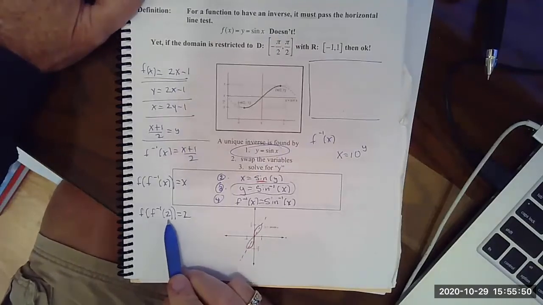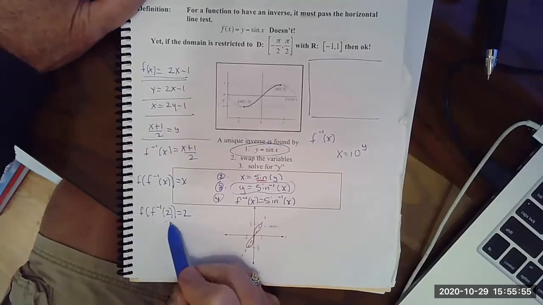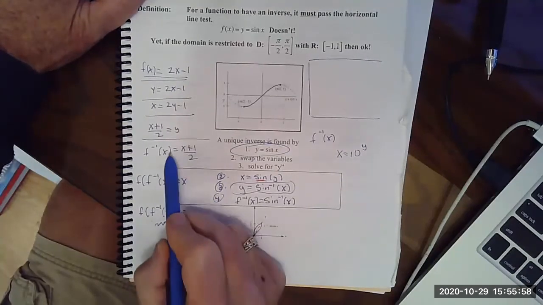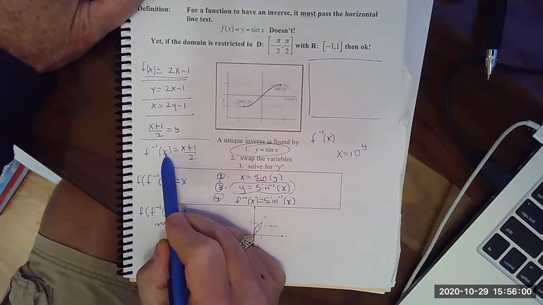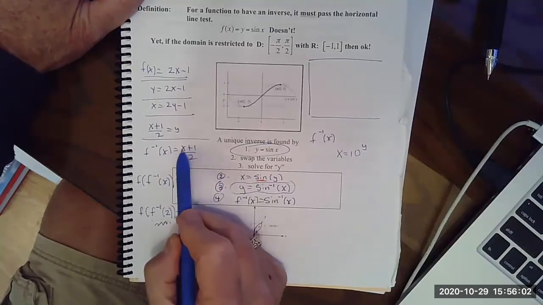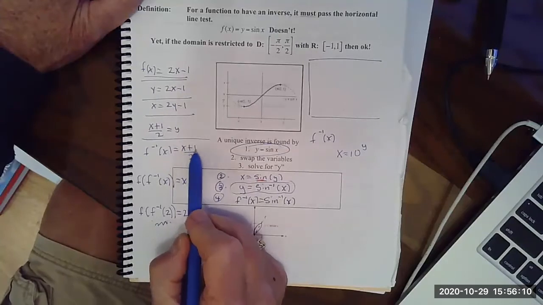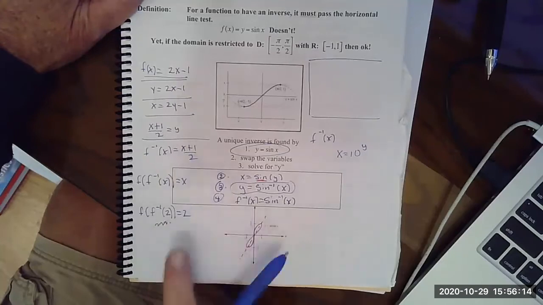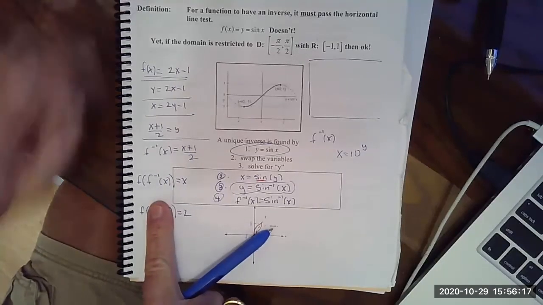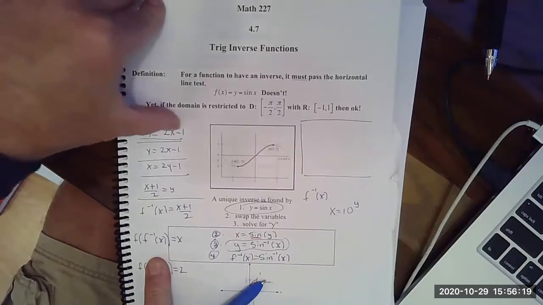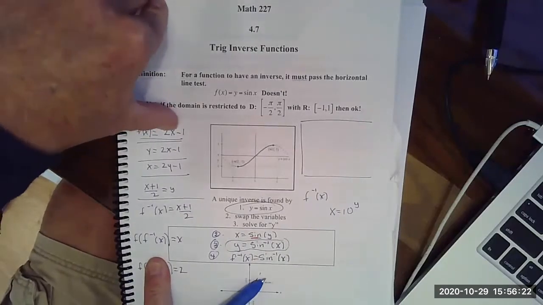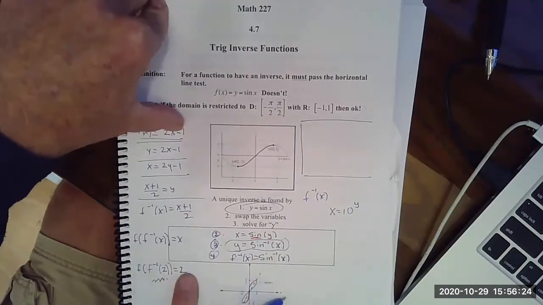You put a 2 into the inverse first, right there. 2 plus 1 is 3, so 3 halves. Now you take the 3 halves and put it in the f function. The 2's cancel. You get 3 minus 1 is 2. Yeah, we get back to 2.